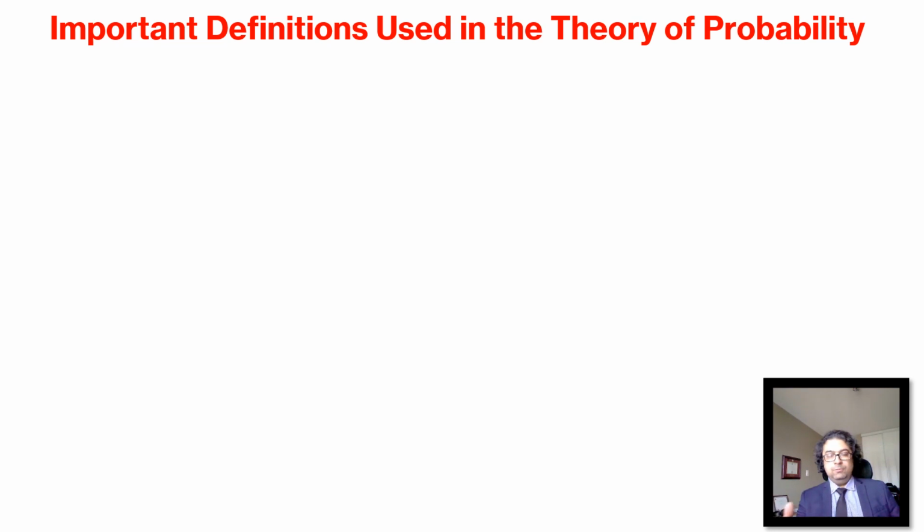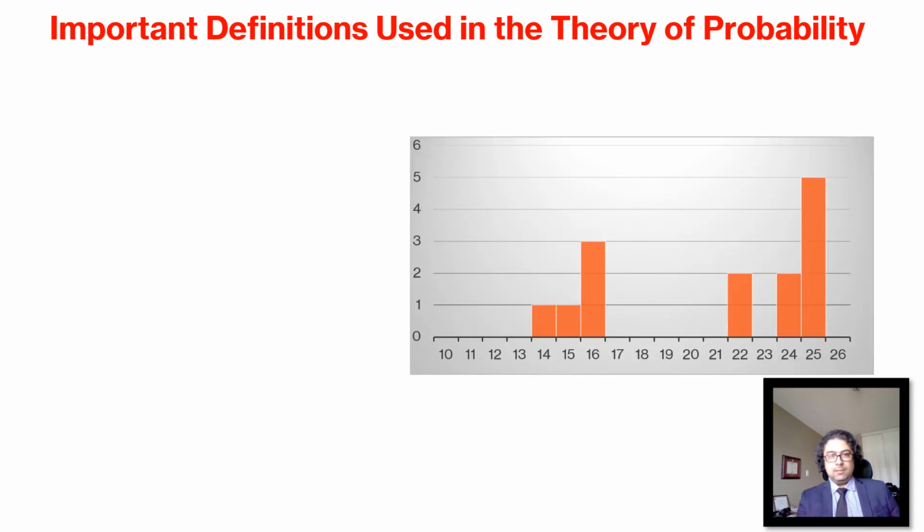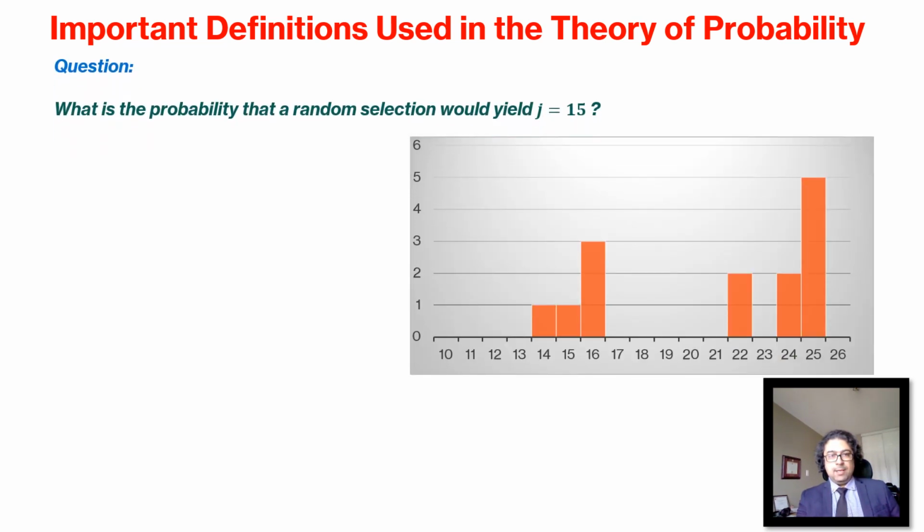Now I'm going to introduce to you some important definitions by using this histogram here, and I'll do that through a number of questions. So for instance, let's say our first question is, what is the probability that if I choose a student randomly from this group, I would end up with an age of 15? So the answer to this is easy.